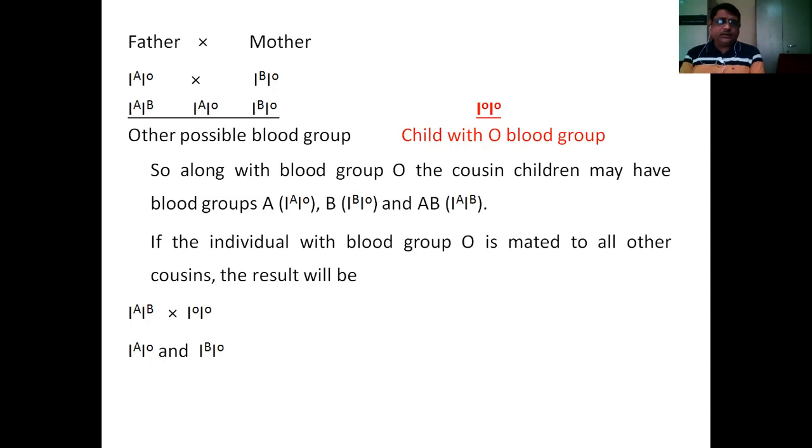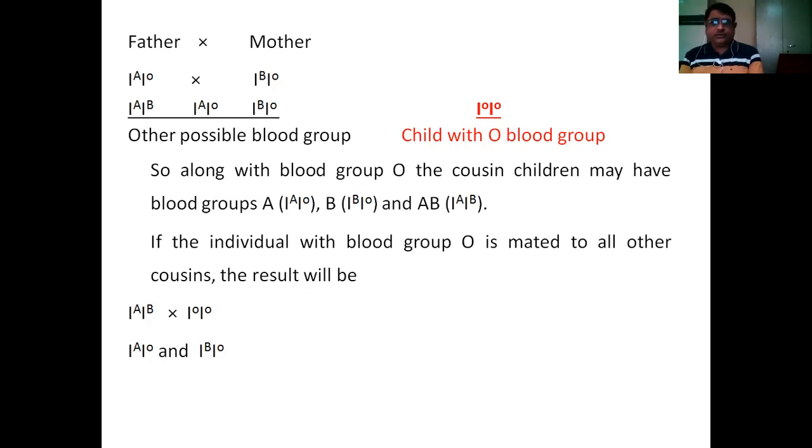Now from here, in the offspring, the genotypes will be IAIB, IAIO, IBIO, and IOIO. This child with IOIO genotype has O blood group. Now our next question is based on this.